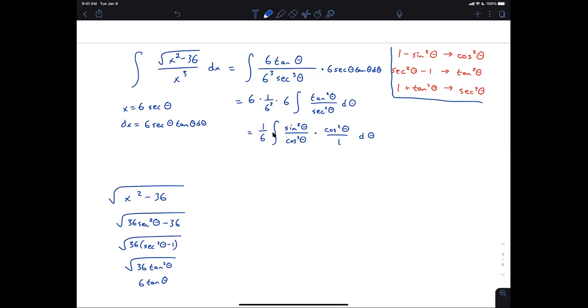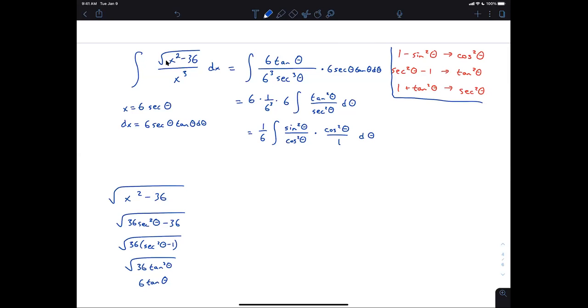Okay, so the question in the chat is, how did I determine that x is 6 secant theta? Whenever you're doing trig sub, you pick a coefficient and you pick a trig function. You pick the coefficient to make the coefficients in the square root match.